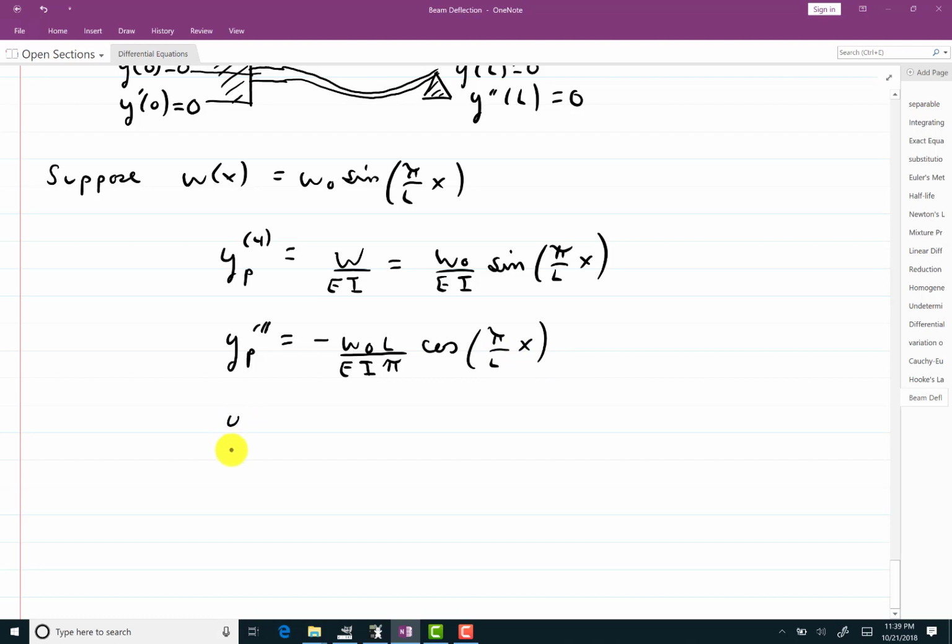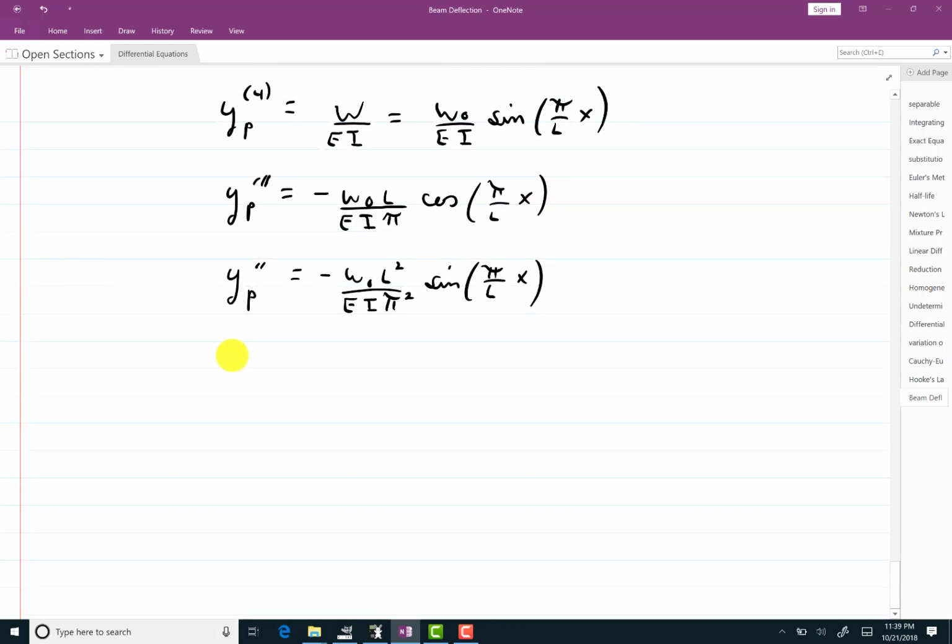I'll integrate again, y double prime sub p. And each time I'm just going to pick up an L over pi in my integration. So I'll get negative W naught L squared all over EI pi squared times sine pi over Lx.